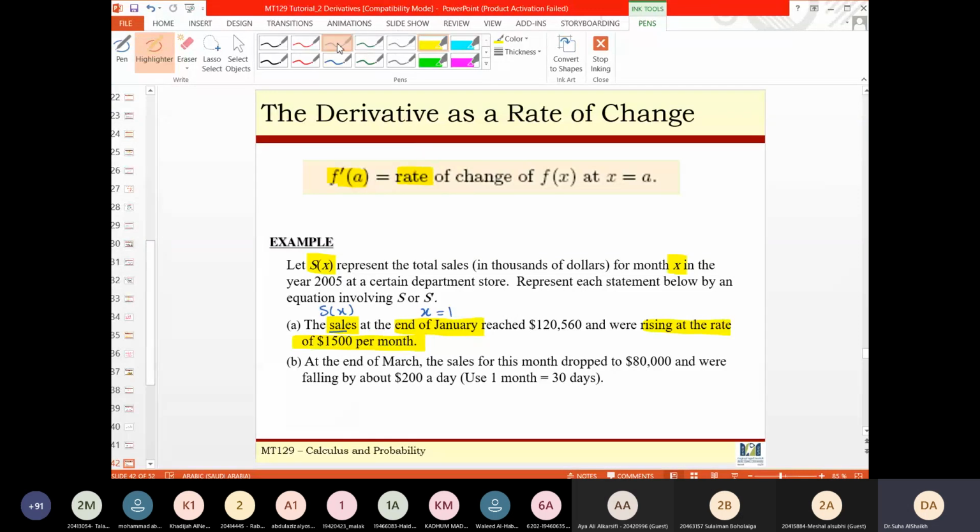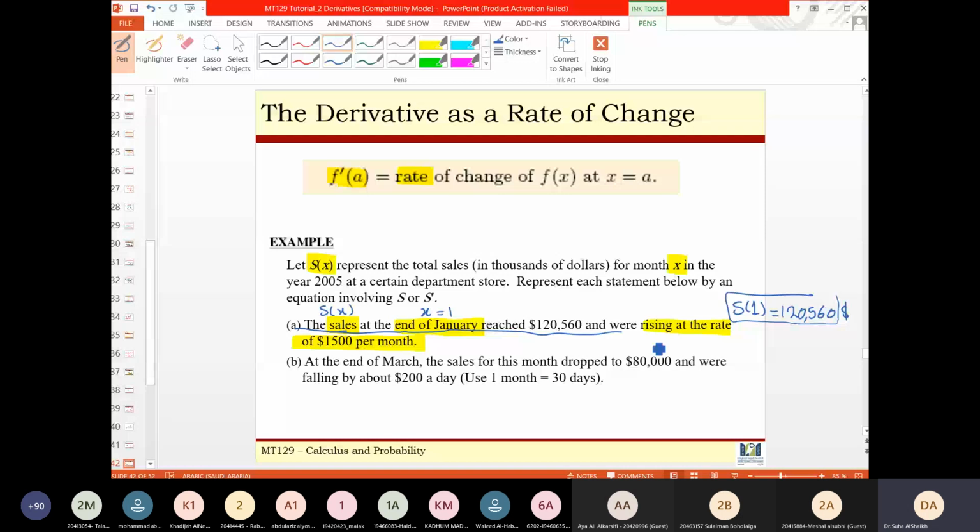So what they said is that at month 1, January, the sale was $120,560, right? This is the first part. What does it mean that the sales at the end of January was this? It means S at 1 is $120,560.